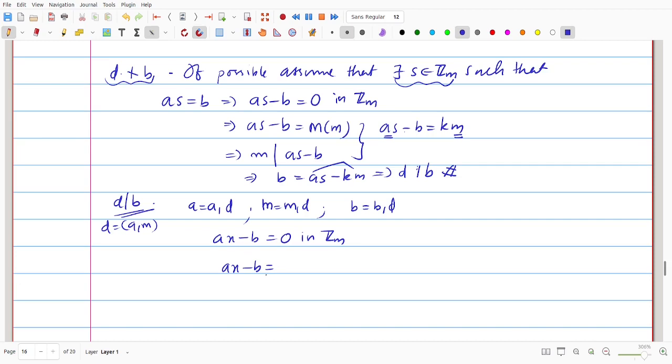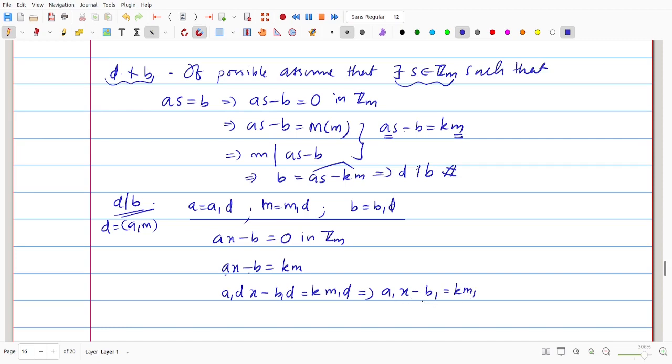Now you replace this A, B, M using this equation. So that is A1D x minus B1D equal to K into M1D. So this would imply that A1 x minus B1 equal to K into M1.